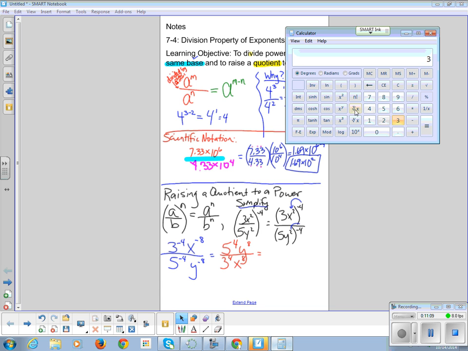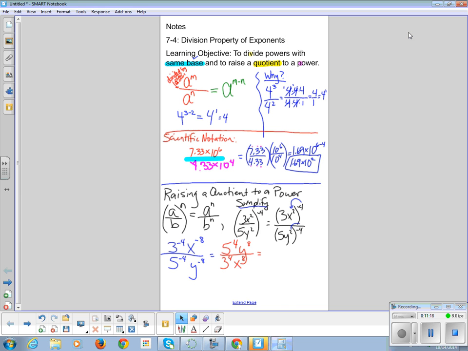And then 3 to the 4th power is 81. Just as an extra bonus. So this is 625 y to the 8th over 81 x to the 8th. And now we're all simplified. Lovely, good to go.